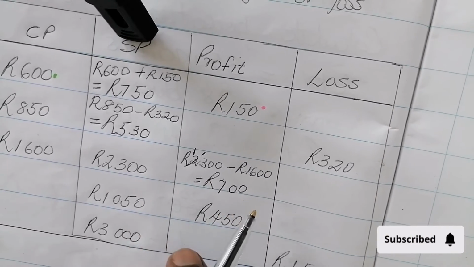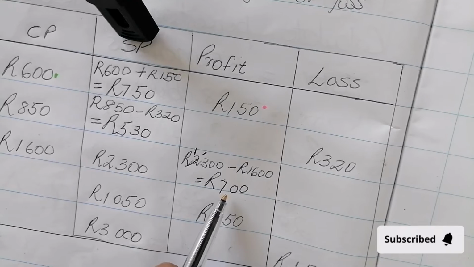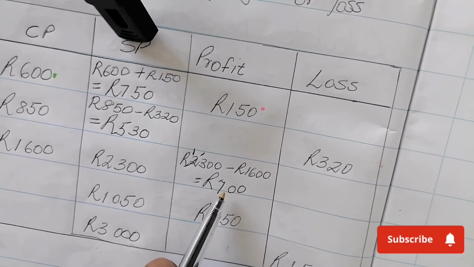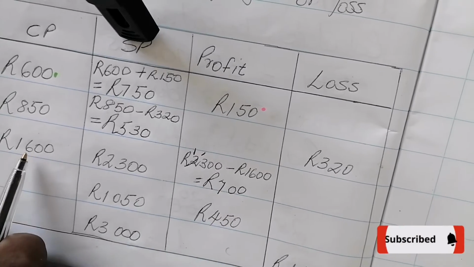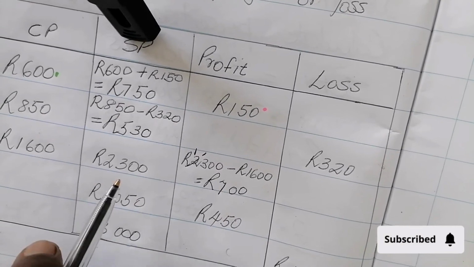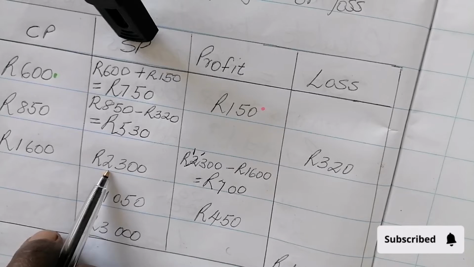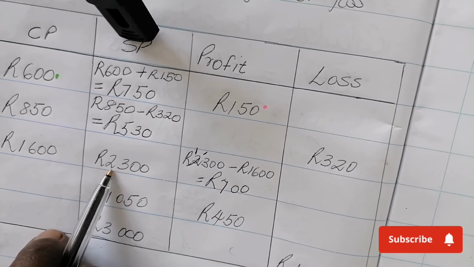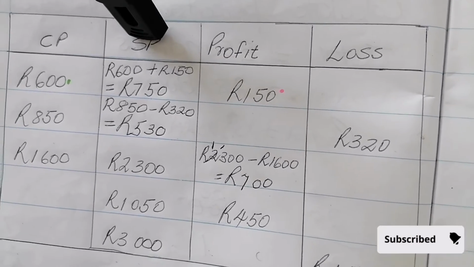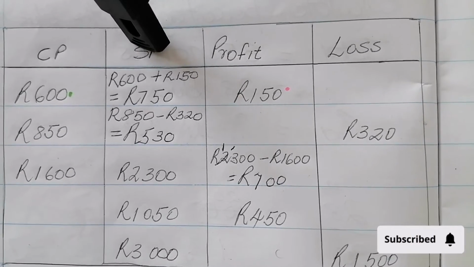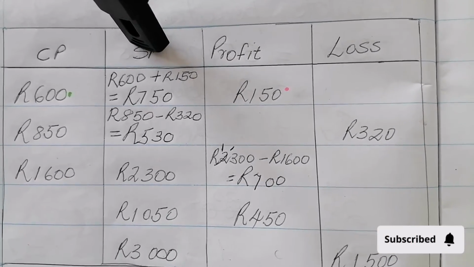So our profit here is 700 rands. If we add the profit, this 700 rands, with the 1,600, it is gonna give us the selling price. So we are done with this one. Let's go to the next one.